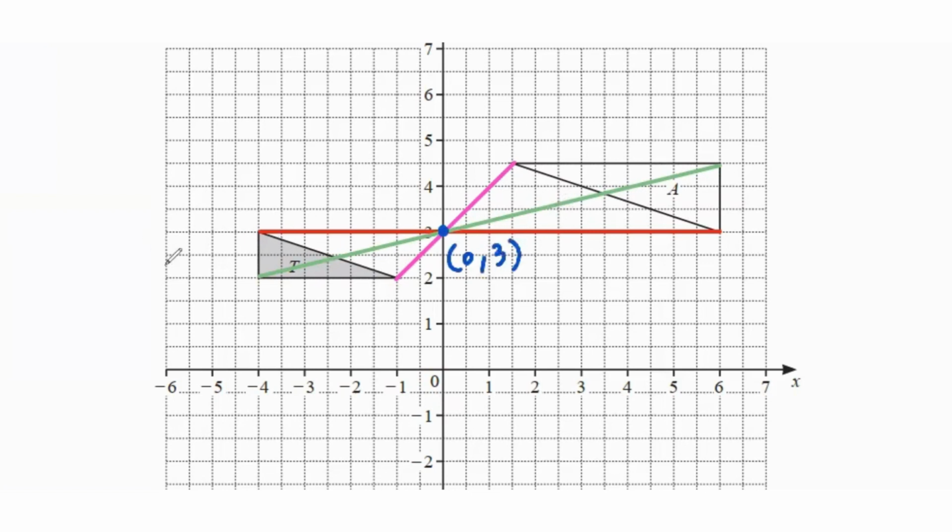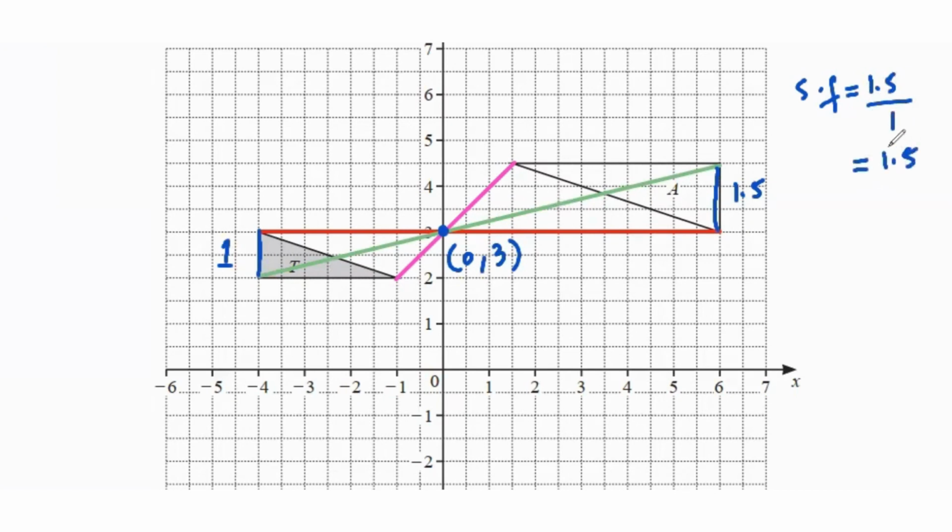And if you try to find the scale factor of enlargement, let's compare two lengths. If we compare this length with this length, it is 1 unit. And this length over here, the enlarged length, is 1.5 units. So for the scale factor, I'm going to divide 1.5 by 1, which is going to give me 1.5.